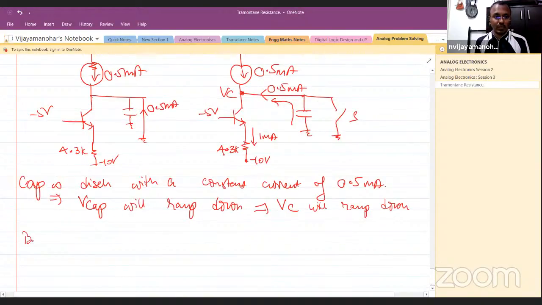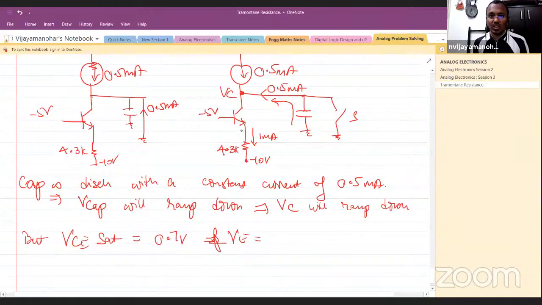But VE is at minus 5.7 volt, which implies Vc cannot go below minus 5 volt.